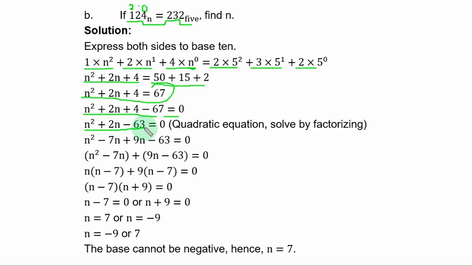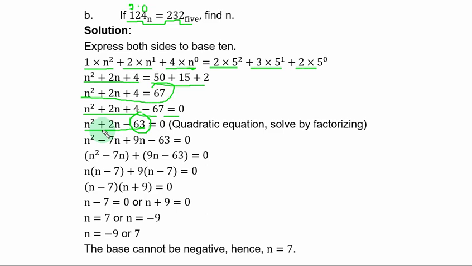So let us factorize. To do that, you look for two factors of 63, that the sum is plus 2 and the product is minus 63. They must be minus 7 and plus 9.